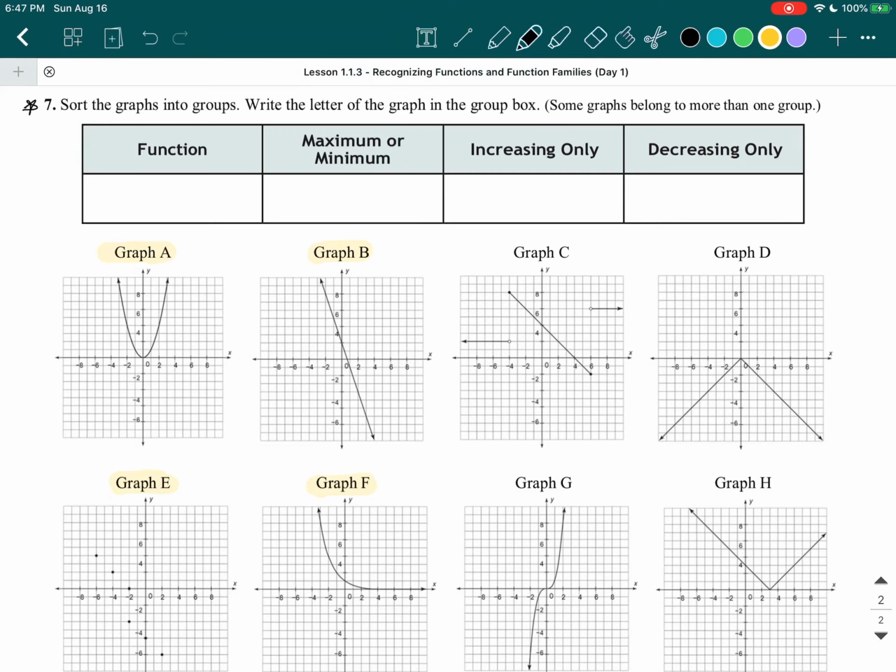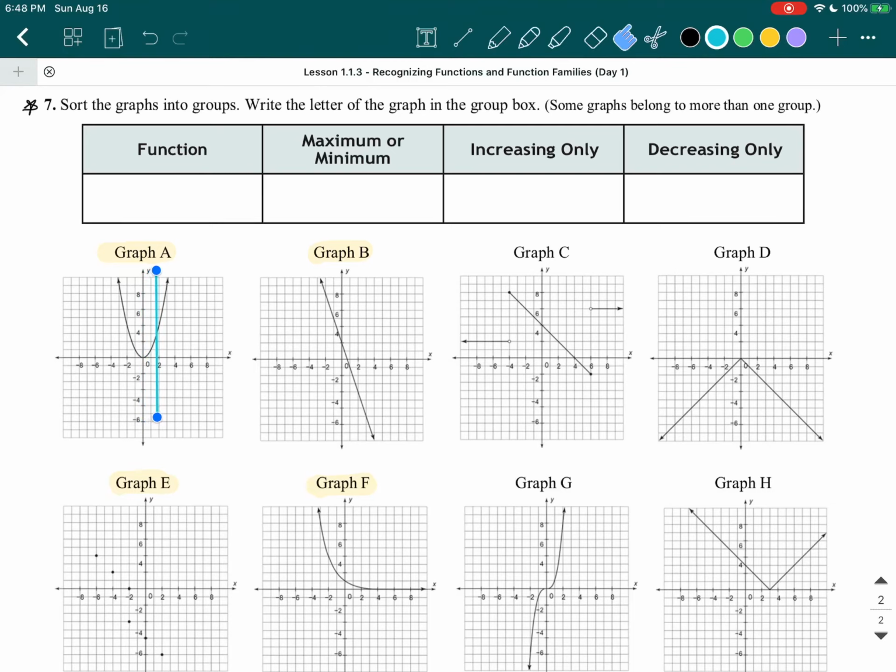Okay, so first of all, let's check to see if A, B, E, and F are functions. So remember, how do we check for a function? We use the vertical line test. I'm gonna draw a vertical line, and we're gonna see if I drag this vertical line, will it ever touch more than 1 point? So let's drag it through. All right, now we're touching 1 point, 1 point, still 1 point, still 1 point.